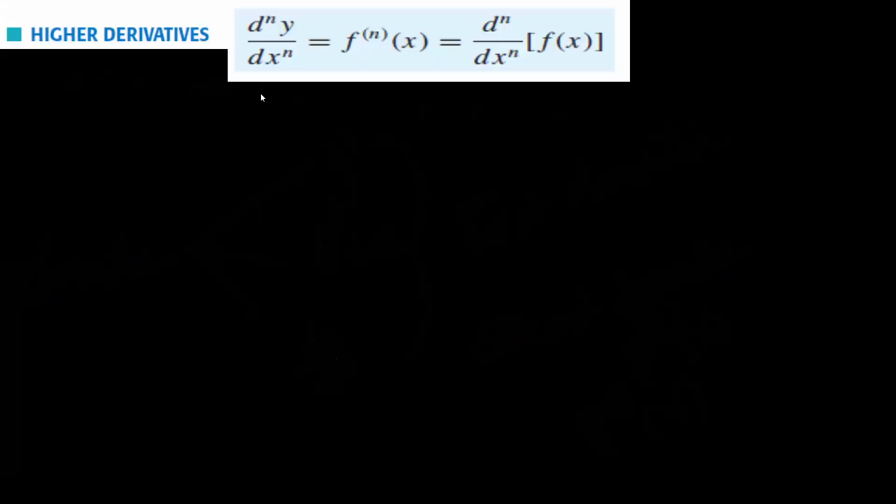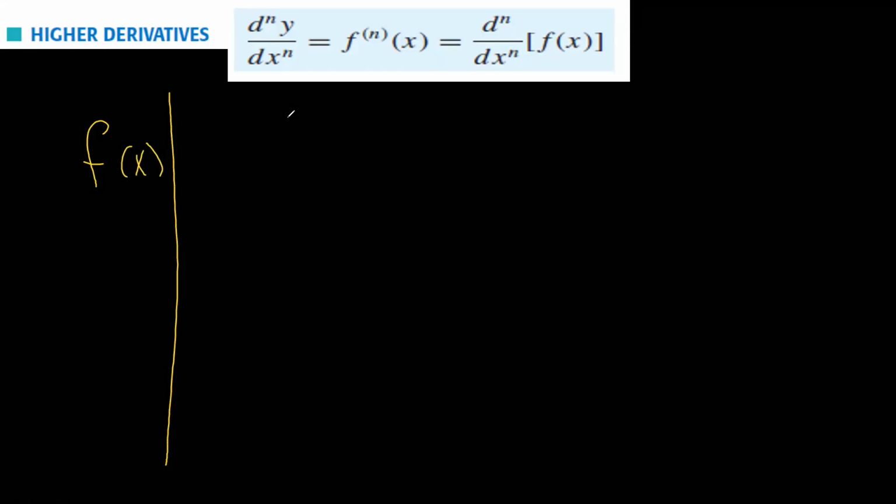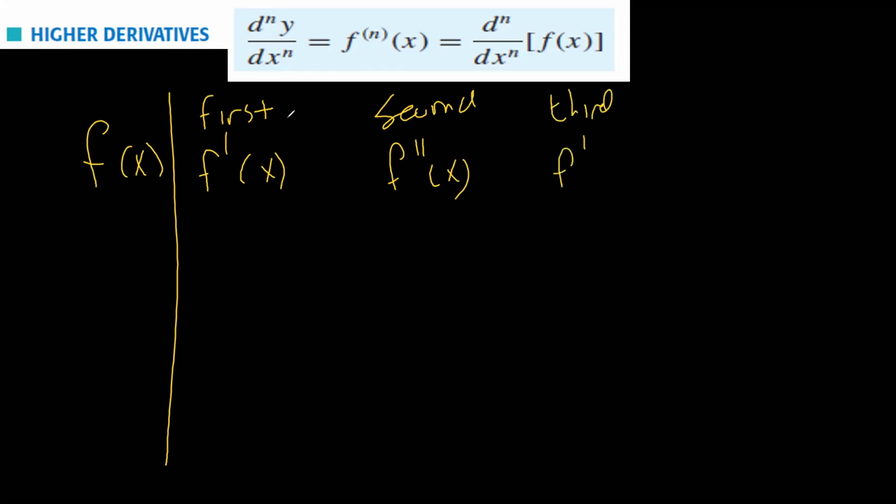So since we have f of x, it is the function. The first derivation is f prime of x, the second derivation is f double prime, and the third is f triple prime, and until the nth, you will say f n of x.